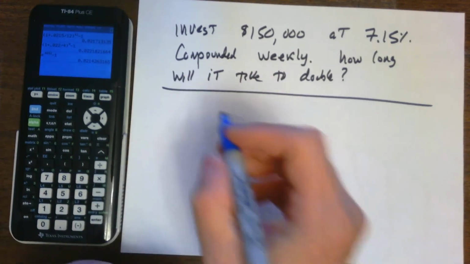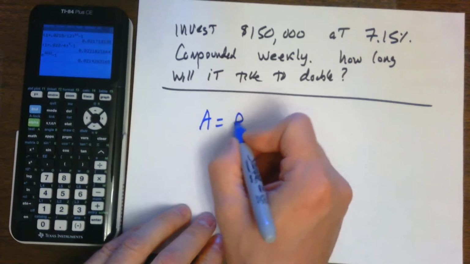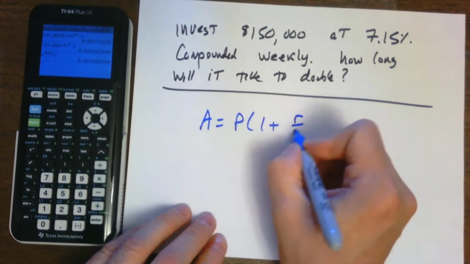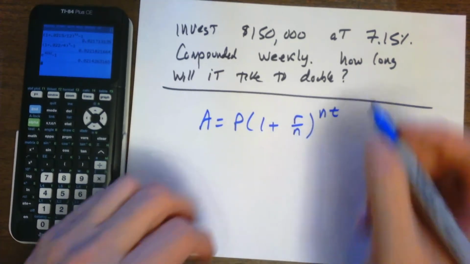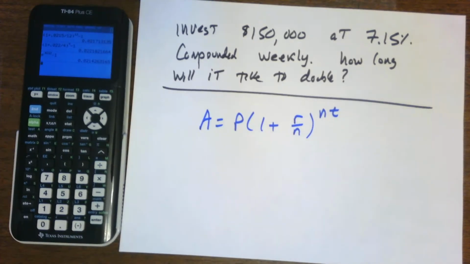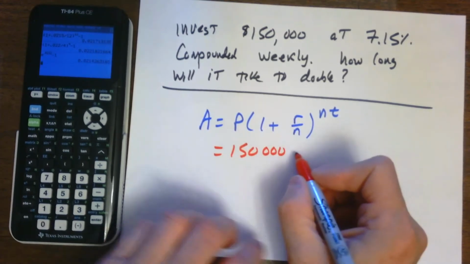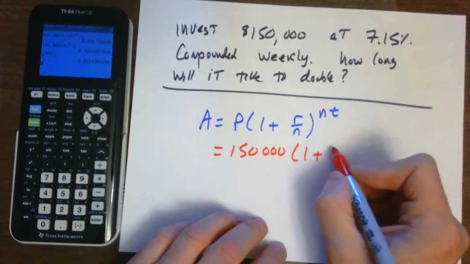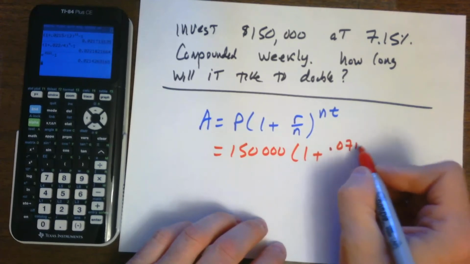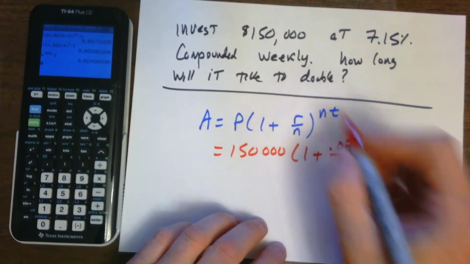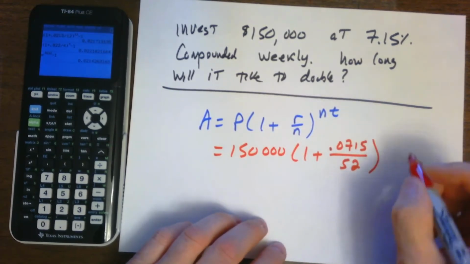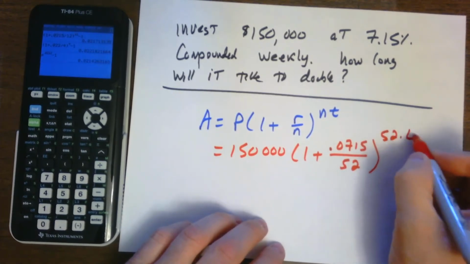That tells me what formula I'm going to use. Amount is principal times 1 plus rate over n, to the nt. Substituting in the principal, it's 150,000 times 1 plus my rate, 0.0715, over weekly is 52, to the power of 52 times t.